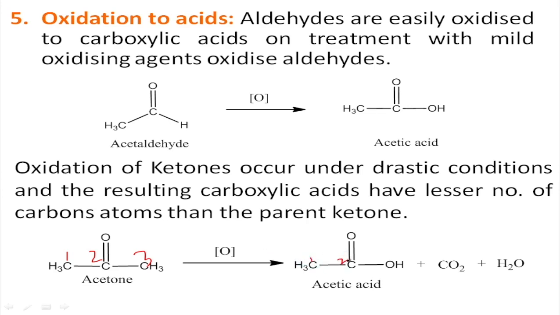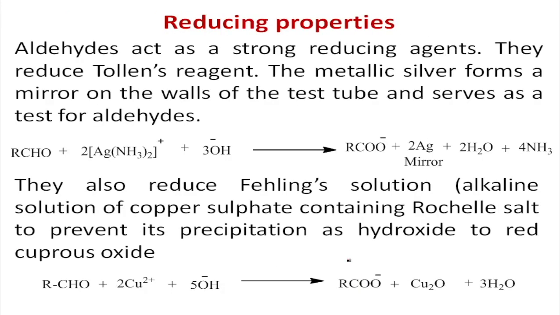So the product has fewer carbon atoms. Reducing properties: aldehydes act as strong reducing agents. They reduce Tollen's reagent, and the metallic silver forms a mirror on the walls of the tube and serves as a test for aldehydes.